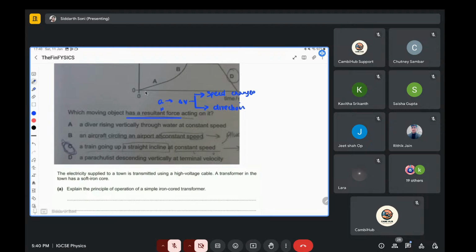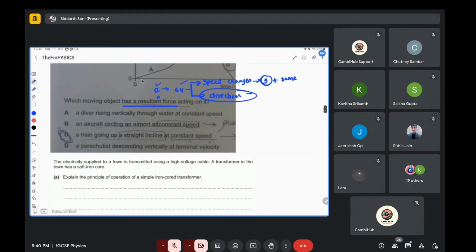So when the speed changes or the direction changes, the object will undergo a change in velocity, which means acceleration, which will be because of a force. Now, if you look at the options, three options talk about changing speed with the same direction. Only one option will have a change in direction.